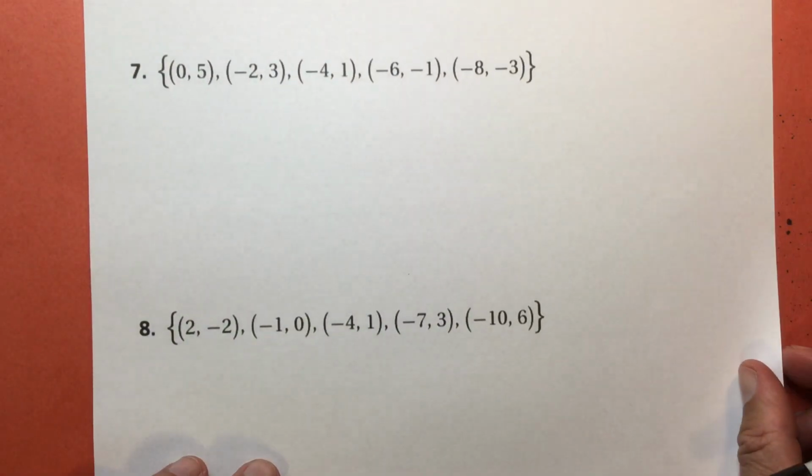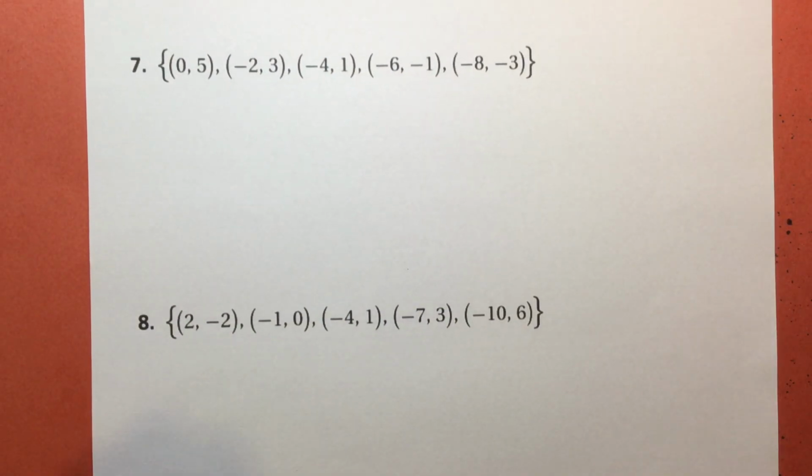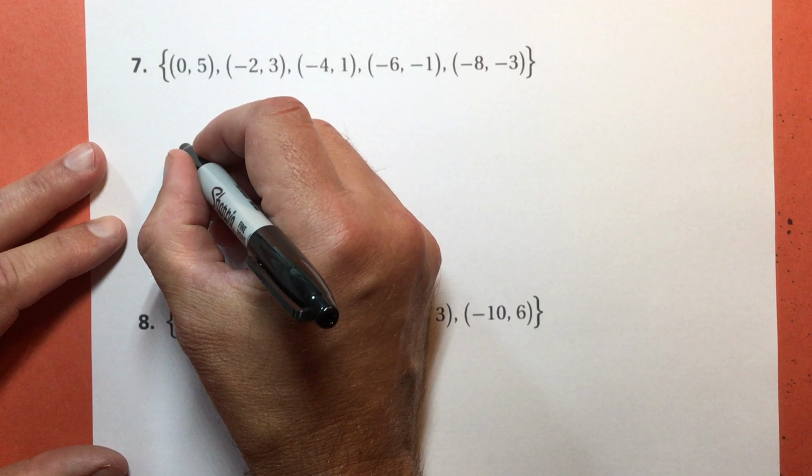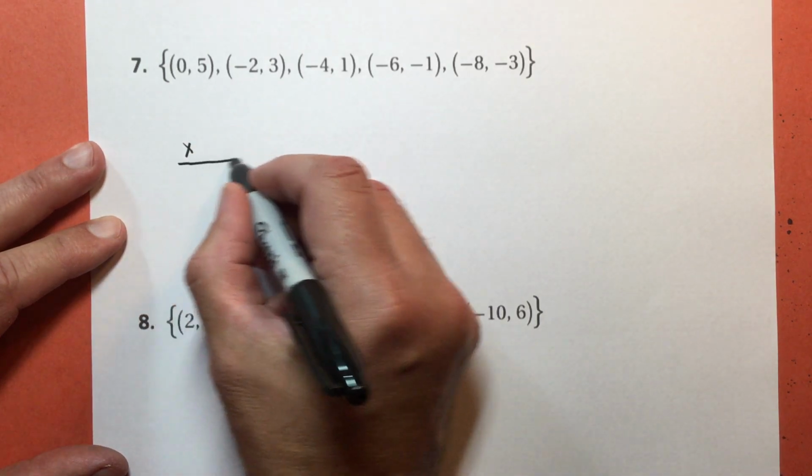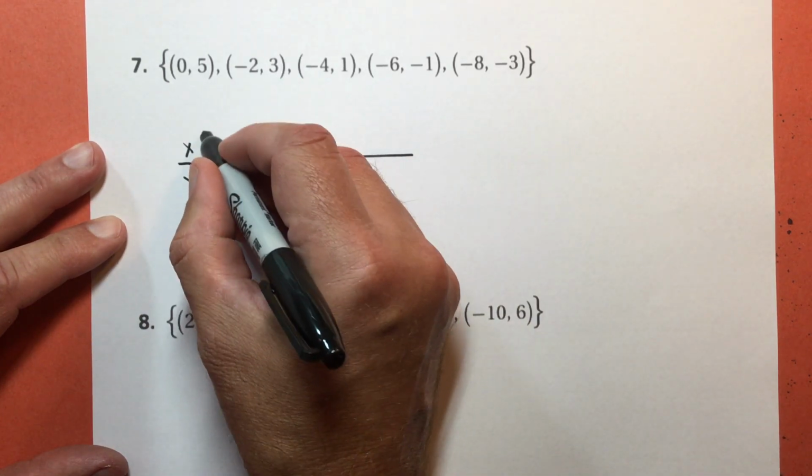We are going to do these type of things though. And if you remember in the previous chapter, we call this a set of ordered pairs, which is fine. You don't have to change it to a table, but you can change it to a table easily. I'm going to do that for the first one. So I'm going to make my table of x and y.